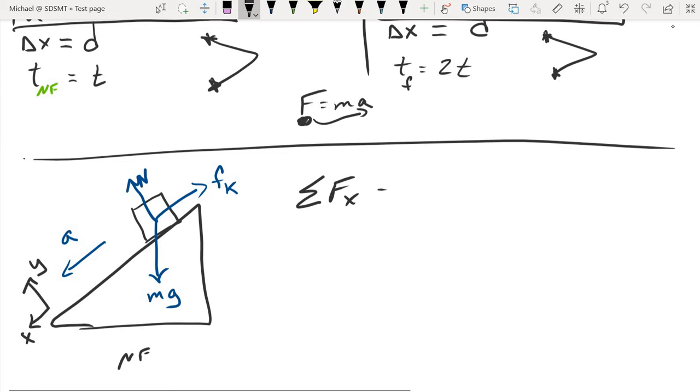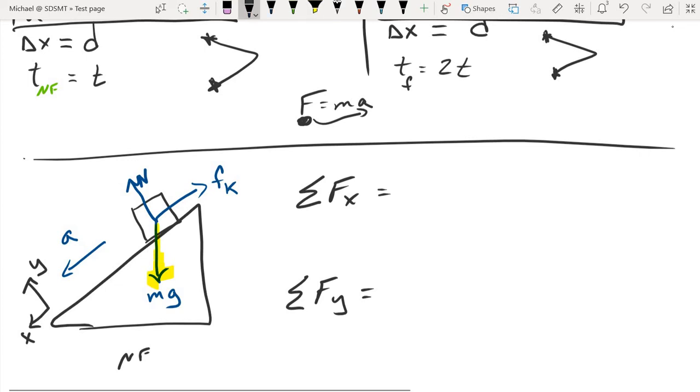So the next thing we want is a sum of forces in each direction. Because of my choice of reference frame, there is only one force in the entire system that has to be broken up, and that is the weight.